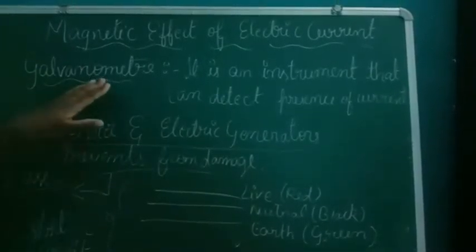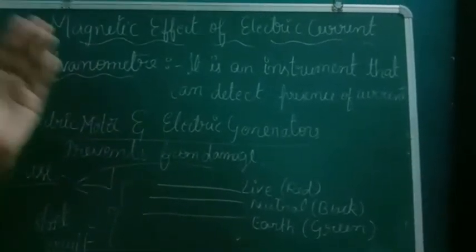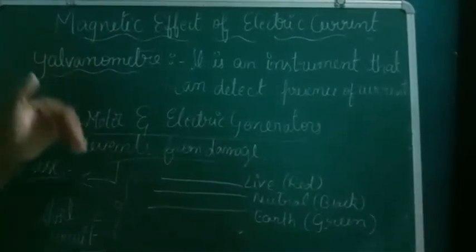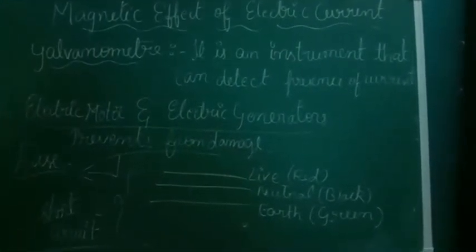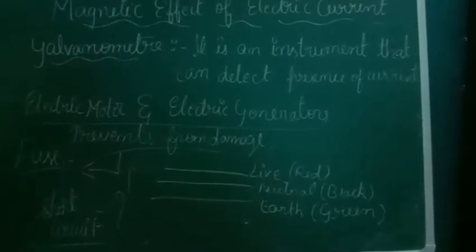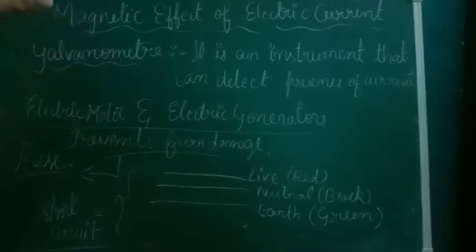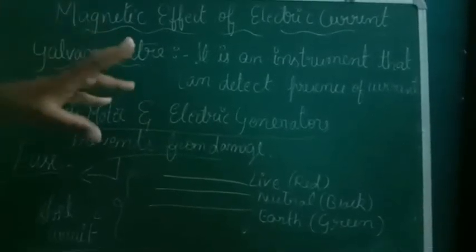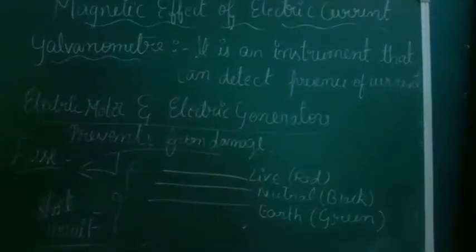That can be detected by a galvanometer. So a galvanometer is an instrument that can detect the presence or amount of current flowing through a particular wire. Especially, this galvanometer is situated in two main appliances, that is, the electric motor and the electric generator.